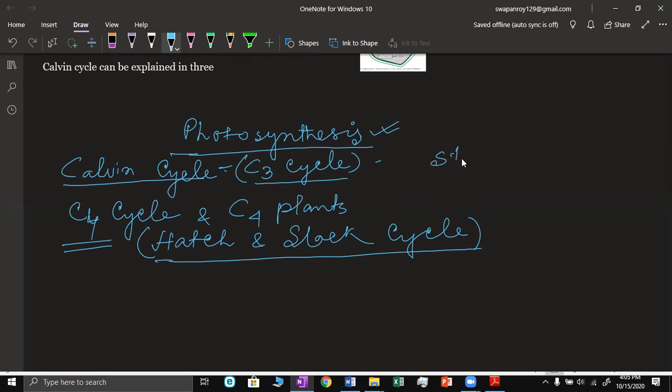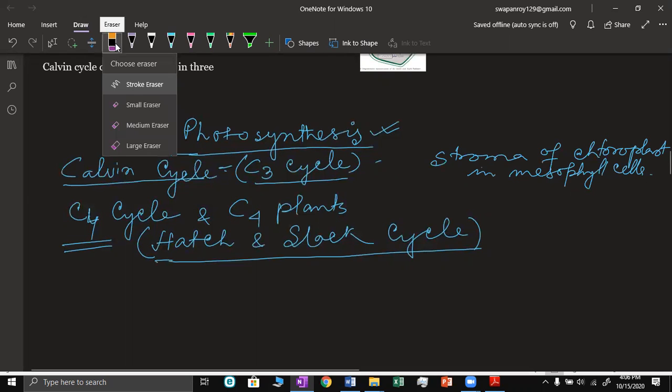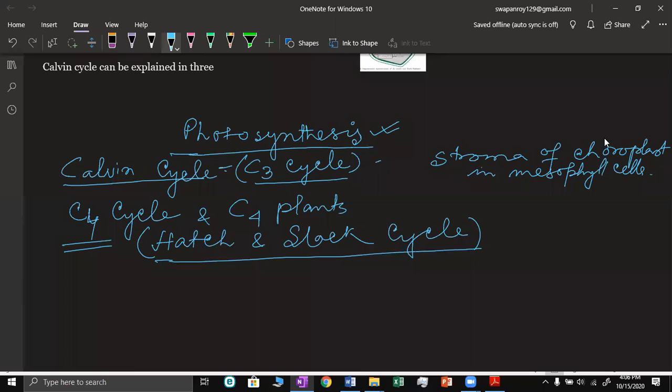It operates in the stroma of the chloroplast in mesophyll cells. This is the chloroplast.